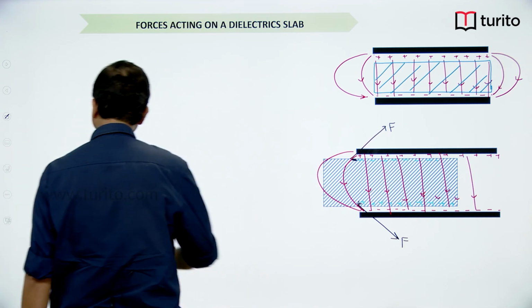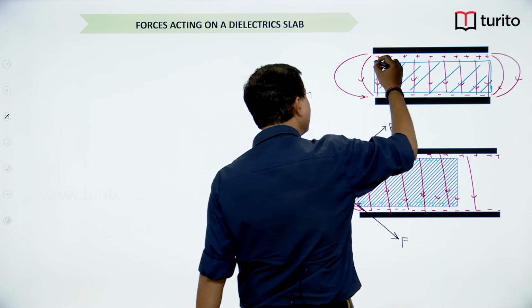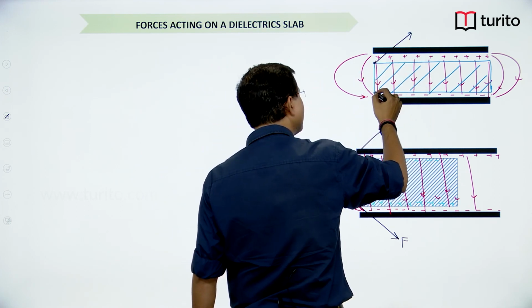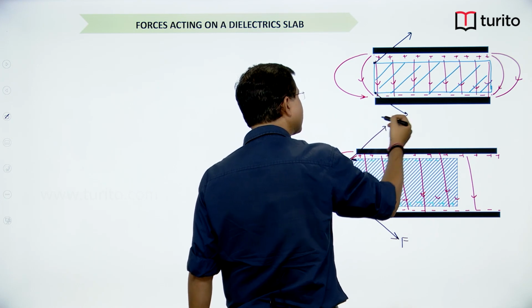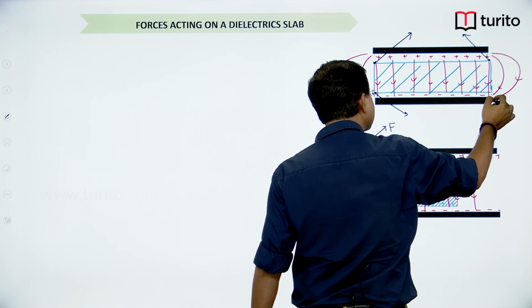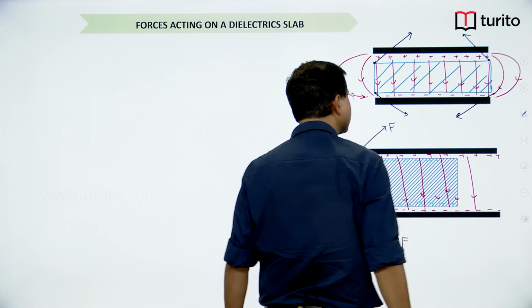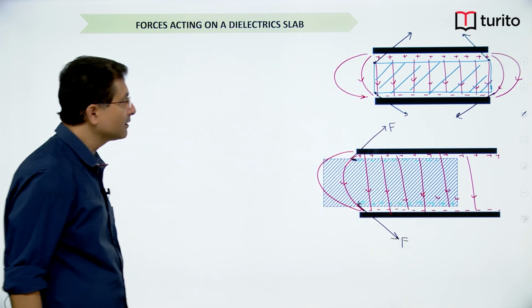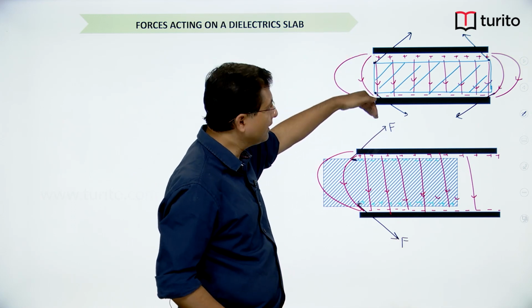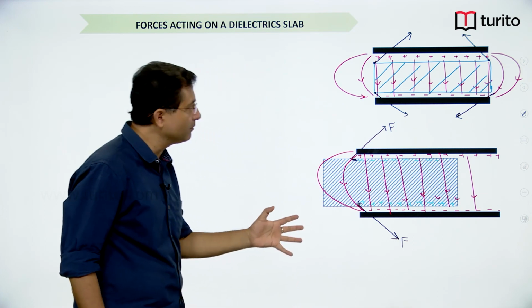As you can see, at both corners, because of the fringe effect, the force here will be this way, along the field the force will be like this, and the same thing happens on the other side. You can see that the effect from this side and the effect from this side are cancelling each other and it will stay in equilibrium.